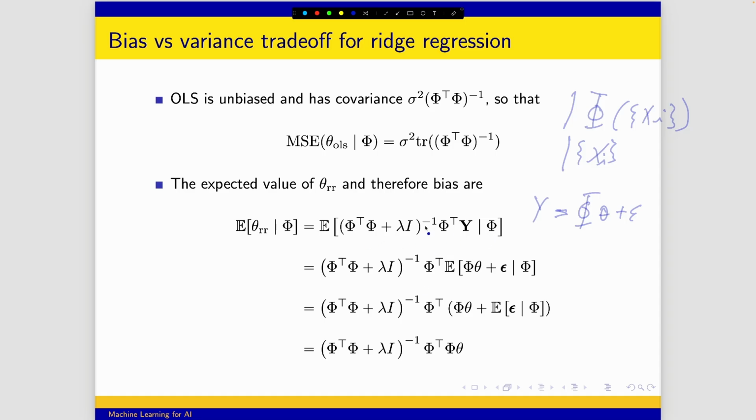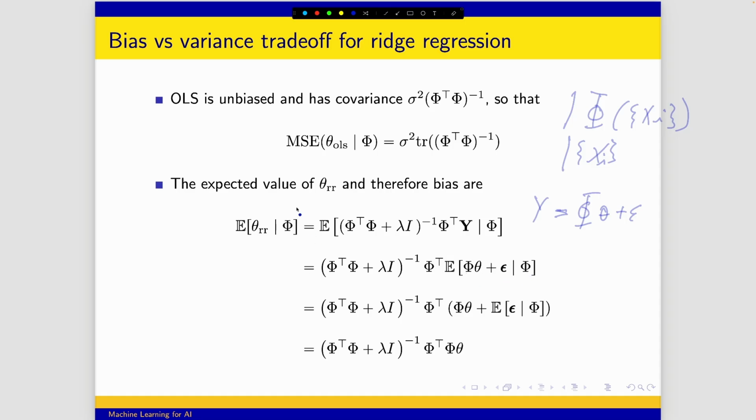Now, once we condition on phi, this is not random, so we can take it outside the expectation, and we get the expectation of y, which is this, conditioned on phi. Well, this, once we condition on phi, is not random, right? So this becomes this quantity here plus the expected value of epsilon conditioned on phi.